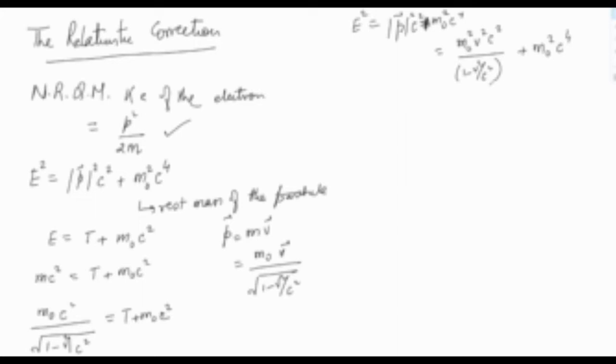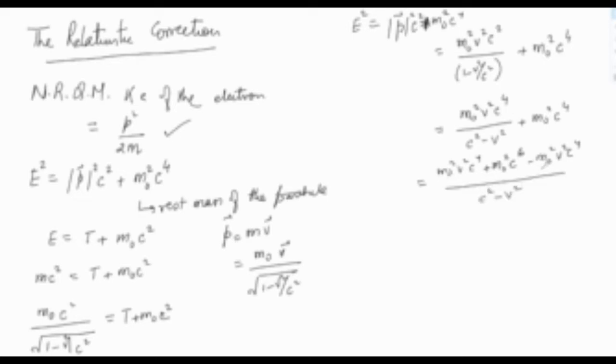And when you take this, m naught square v square c square, you can write this as m naught square v square c4 upon c square minus v square plus m naught square c4, and this in turn will give you m naught square v square c4 plus m naught square c to the power 6 minus m naught square v square c to the power 4 upon c square minus v square.